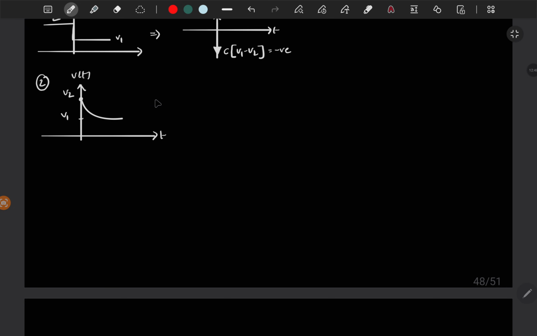The current should be negative. So this is discharging, implies negative. But at steady state it is settling to some value, right? This voltage is V1 at steady state. So there should be no current at steady state. So it has to start from a negative value and then it should go to 0.